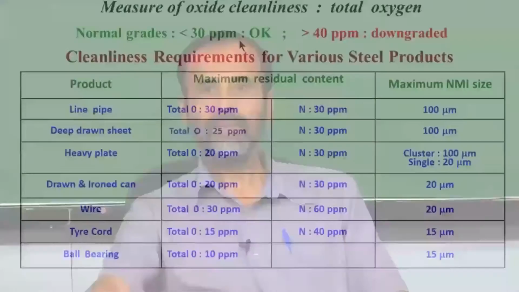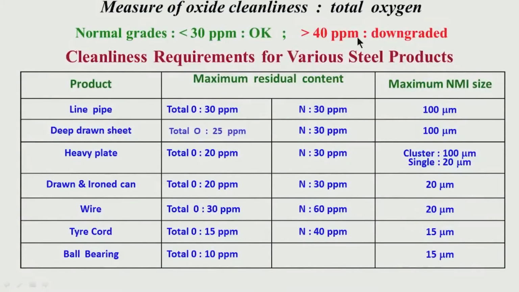We allow the steel to pass for the next level of processing, but if the level of total oxygen is more than 40 ppm, what do we do? We downgrade the steel. That means we use the steel not for these normal applications, but for some inferior applications, as I had told earlier. So, a decision is taken based on total oxygen, which indicates the oxide cleanliness level of steel.